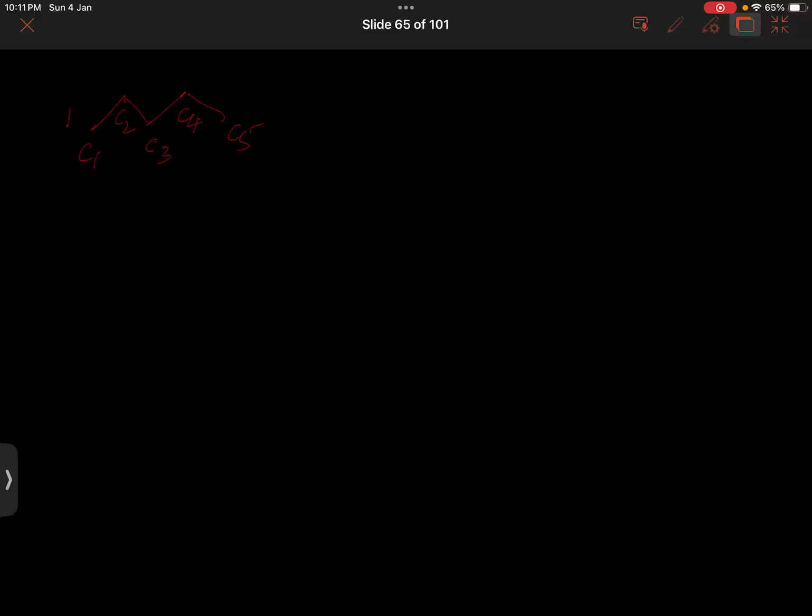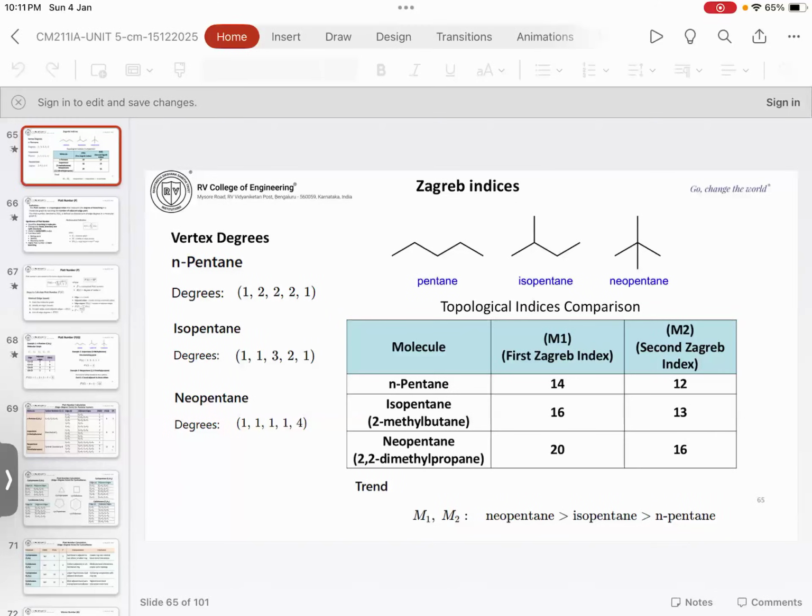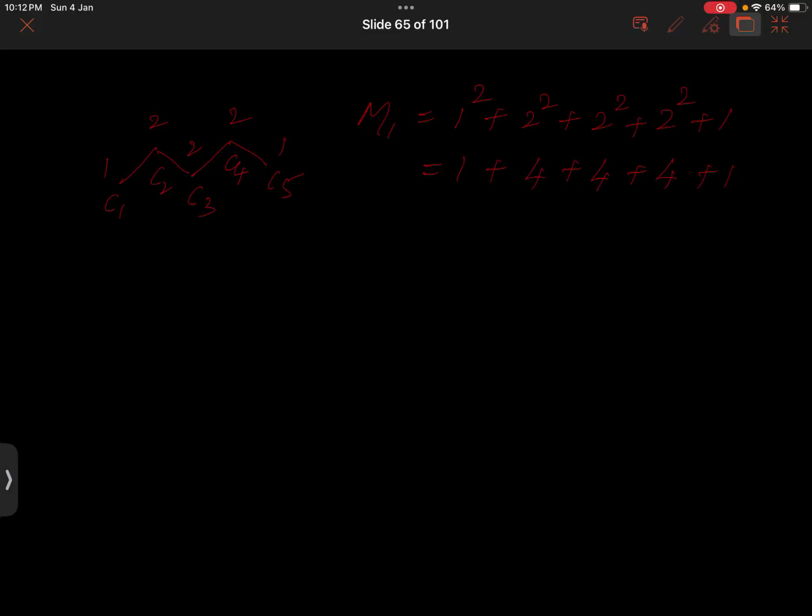The degrees are 1, 2, 2, 2, 1. So M1 for this is 1 square plus 2 square plus 2 square plus 2 square plus 1 square, which is 1 plus 4 plus 4 plus 4 plus 1. This will be 14.